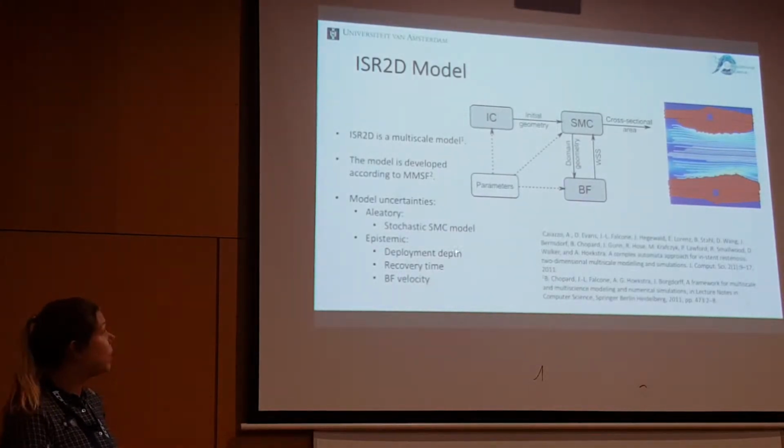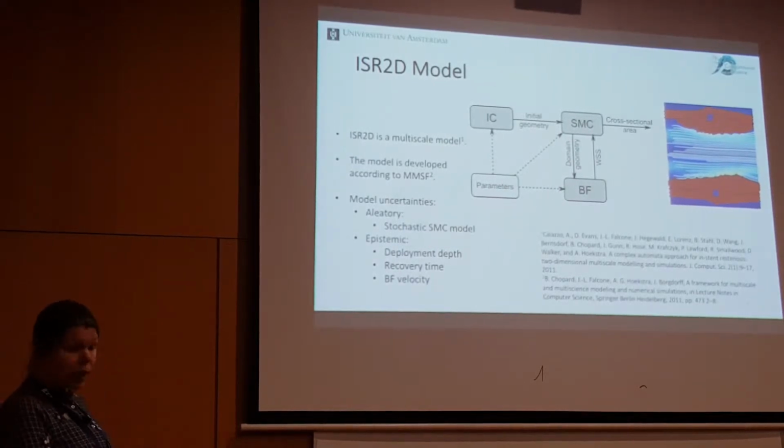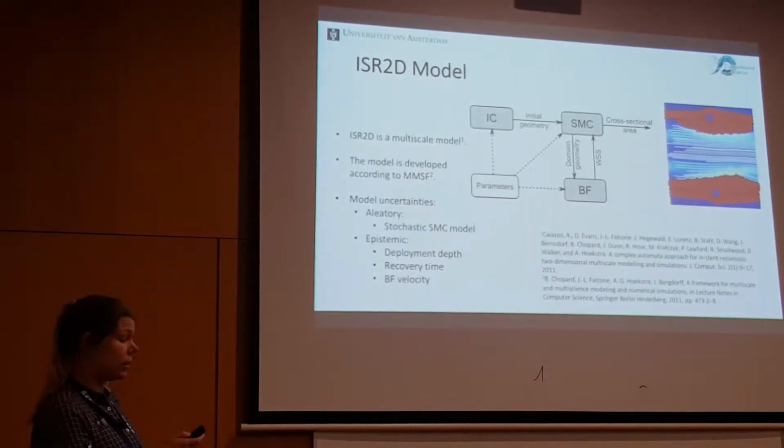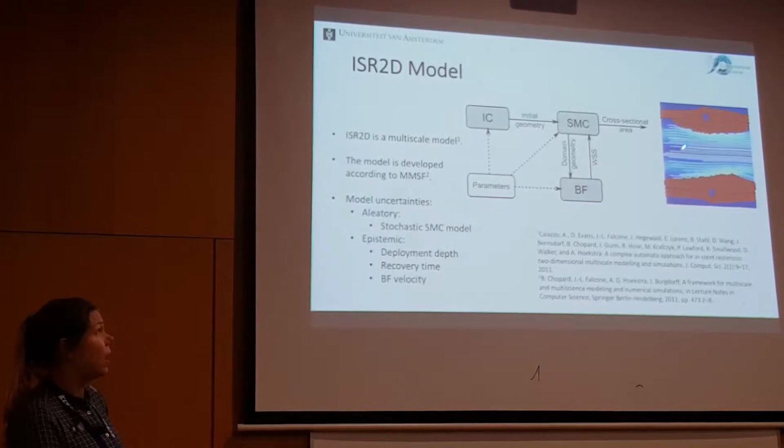These are deployment depth in the initial condition code, recovery time in the smooth muscle cell code, and blood flow velocity in the microscale code.